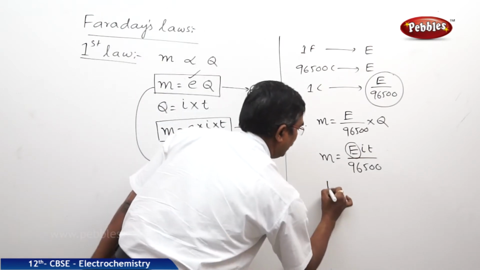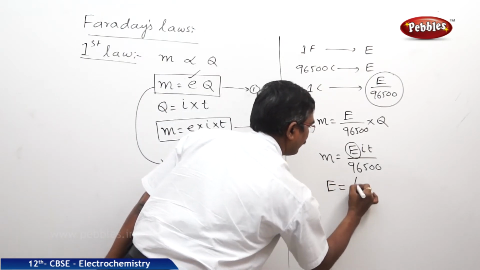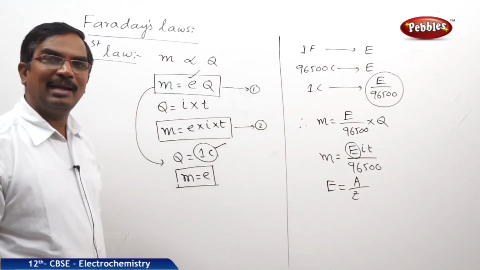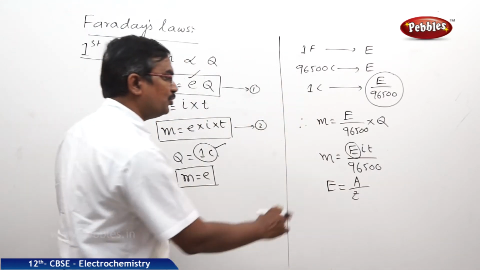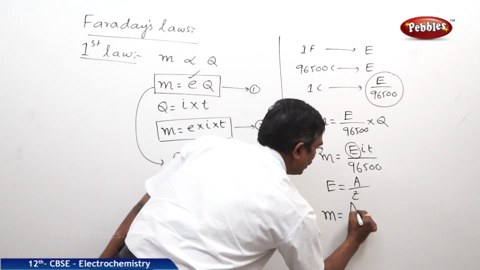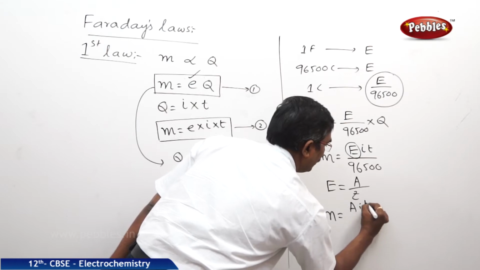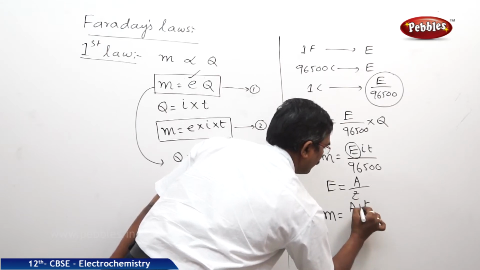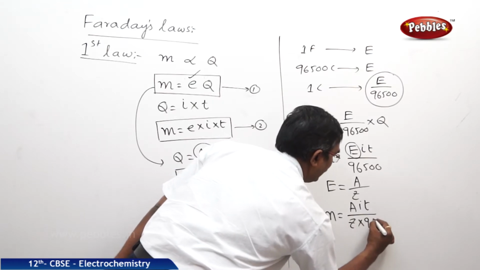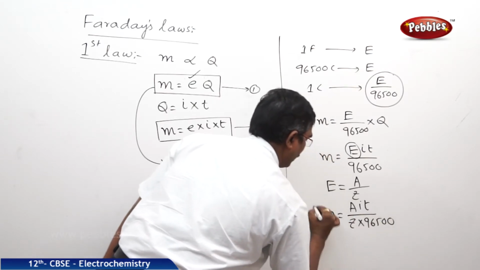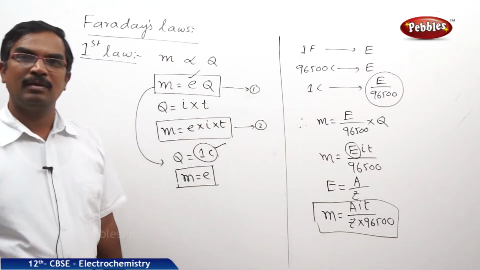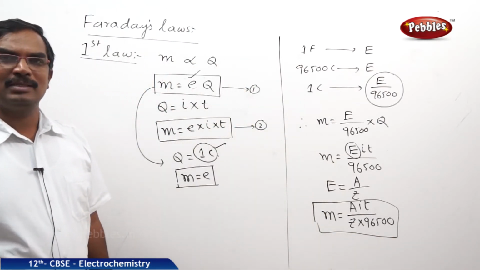So E is A by Z, where Z is the valency. If you substitute this here, finally we get the expression M is equal to A into I into T divided by Z into 96,500. This is the final expression for Faraday's first law.